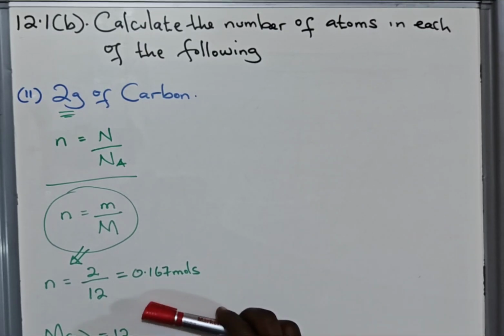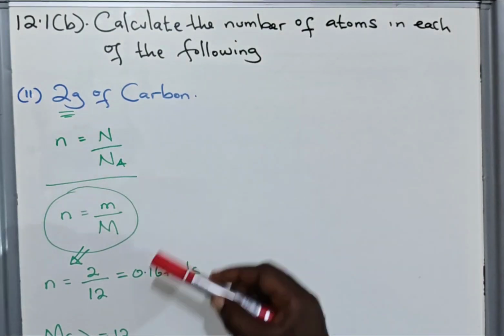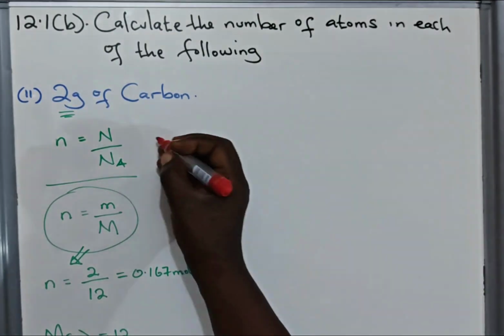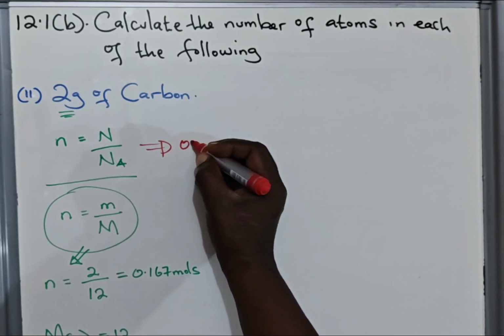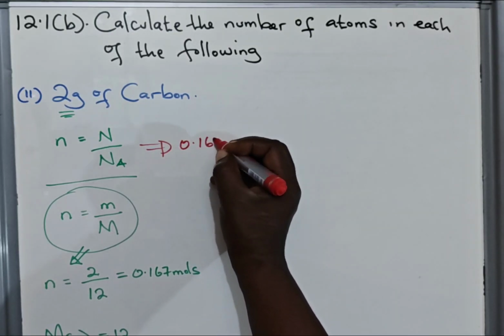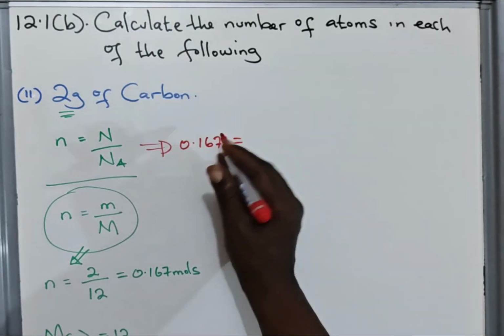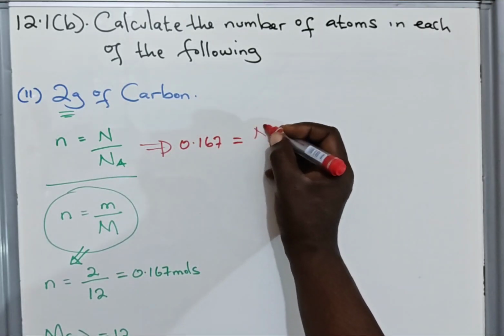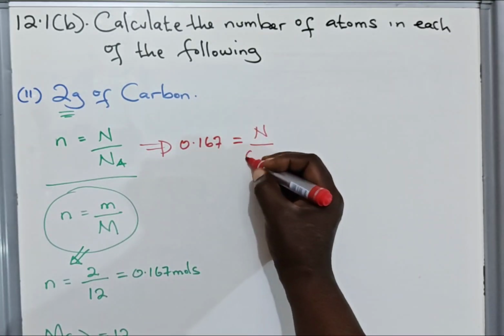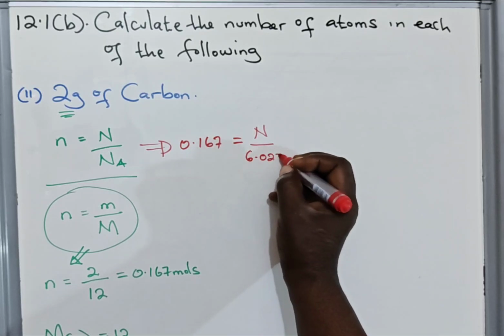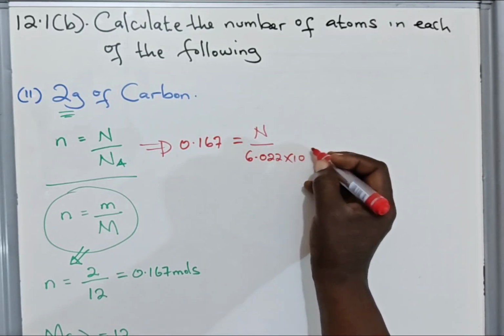Now that we have number of moles, we can go ahead and use the Avogadro formula. We have number of moles, and it is 0.167. We are looking for number of atoms. We don't know it, but we know Avogadro number, which is 6.022 times 10 power 23.